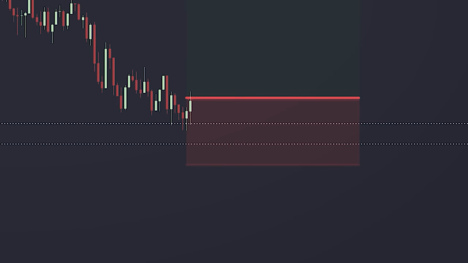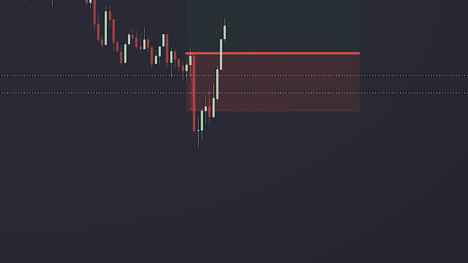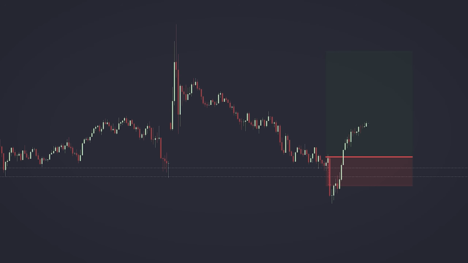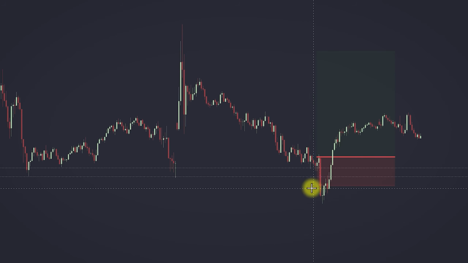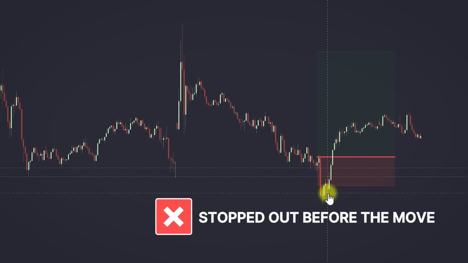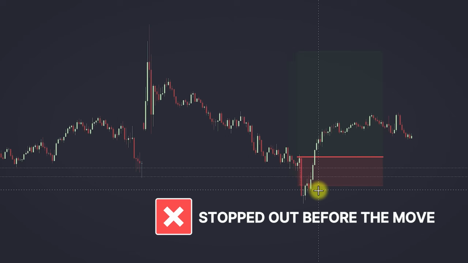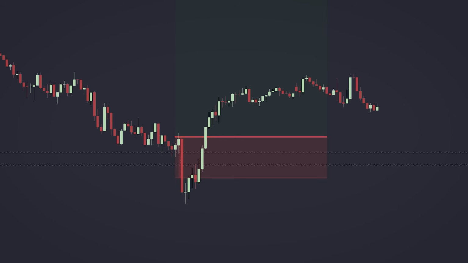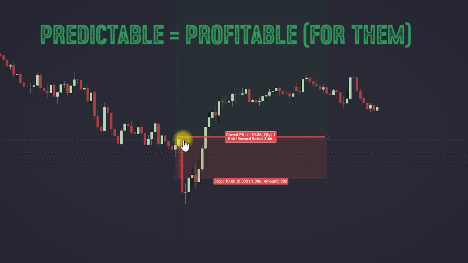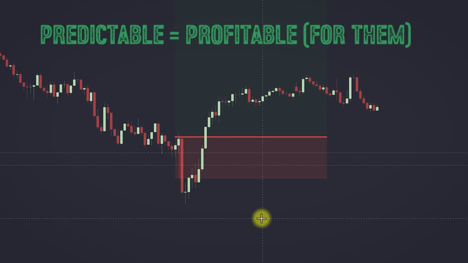Watch what happens. Price comes down to the support level, breaks through it just enough to trigger all the stops, and then immediately reverses back up. They hunted the liquidity and then made the real move. This is why most traders get stopped out right before the move goes in their favor. They're not unlucky, they're predictable. And in trading, predictable equals profitable for someone else.